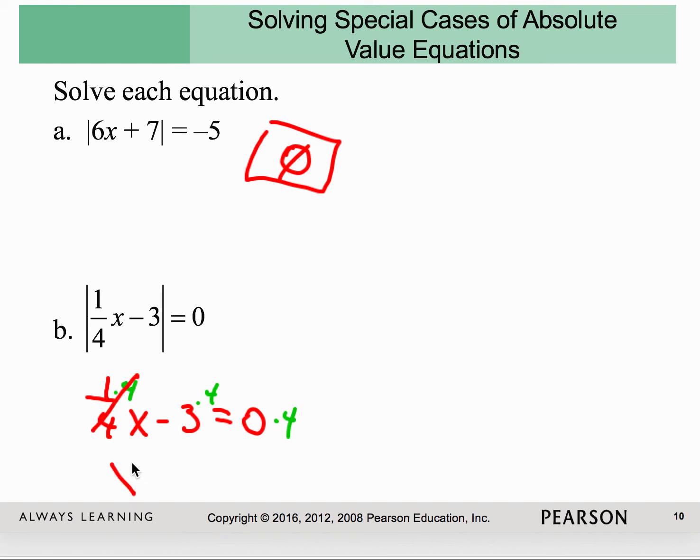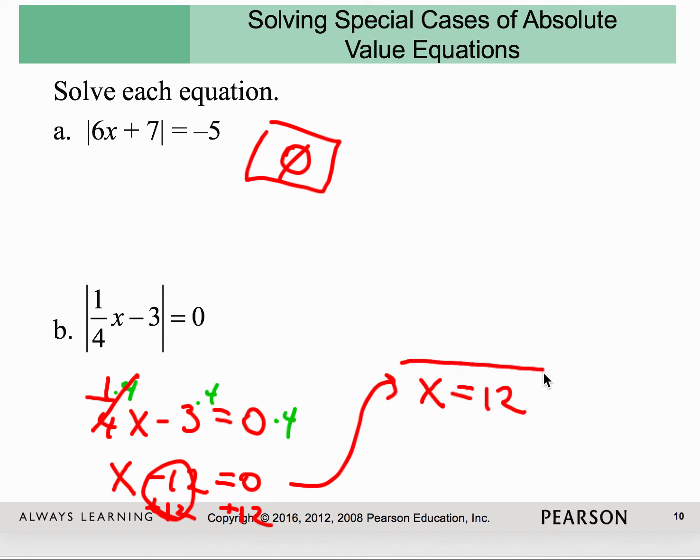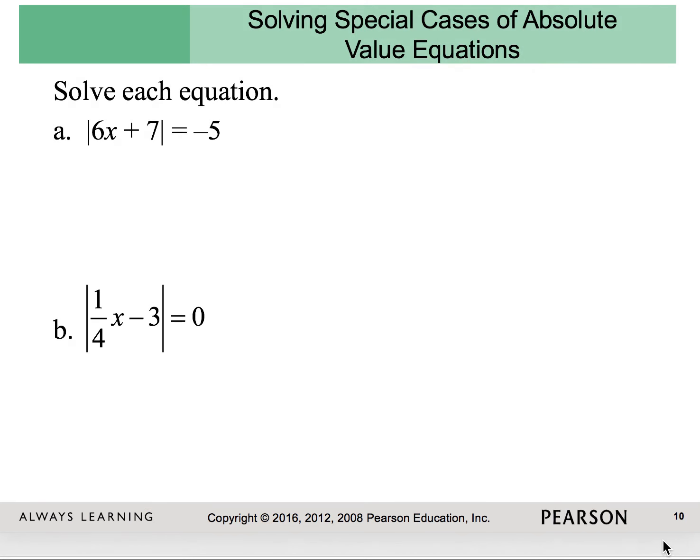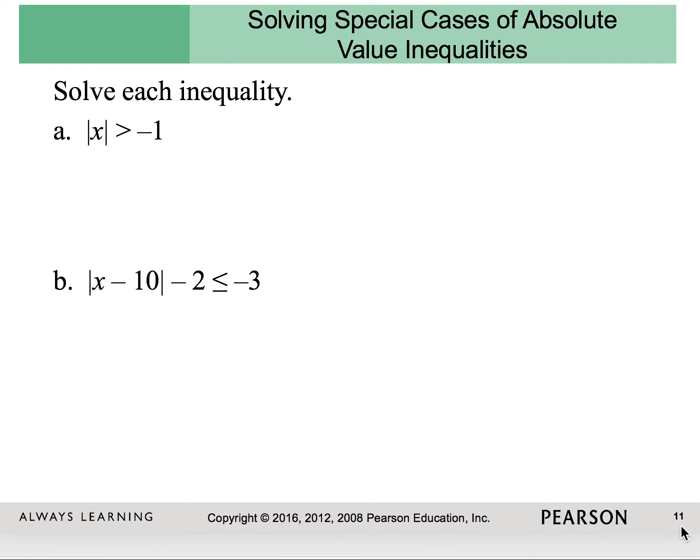Okay, so x minus 12 equals 0. X equals 12. So when our absolute values, after they're isolated, equal a negative number or 0, we think of those as special, and I just got to think through what it means.